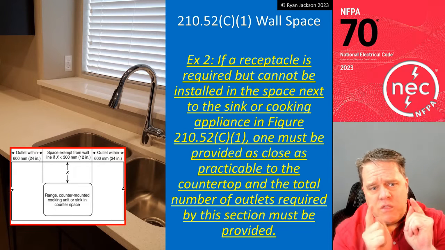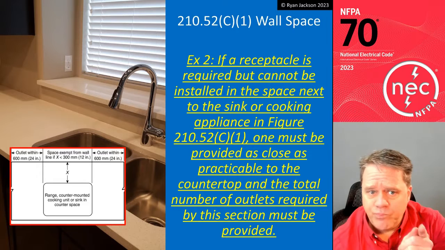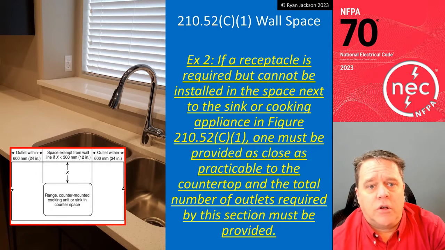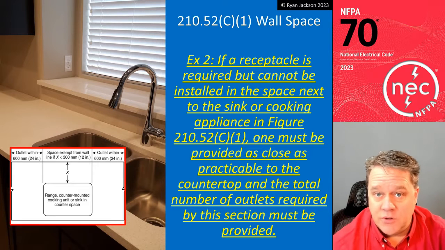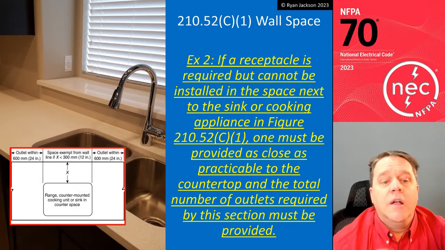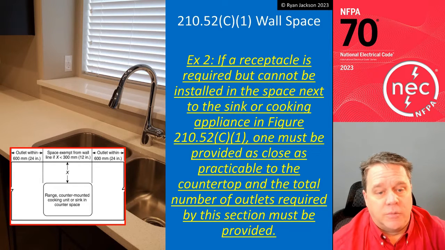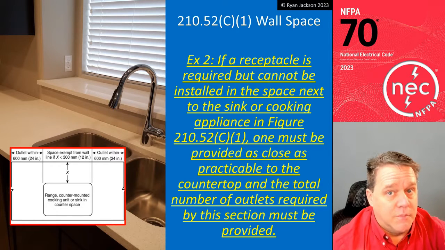So I'm paraphrasing what the code says. I think this is the intent. It says if a receptacle is required but cannot be installed in the space next to the sink or cooking appliance in figure 210.52(C)(1), then one must be provided as close as is practicable to the countertop, and the total number of outlets required by this section must be provided.